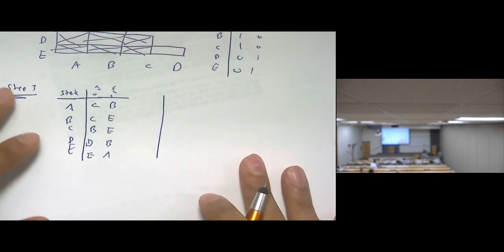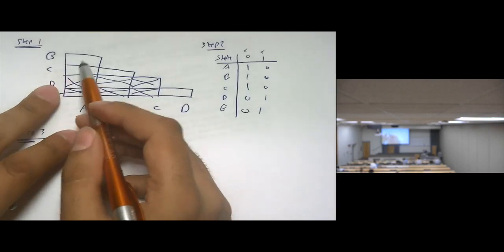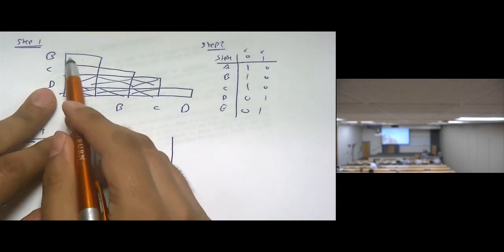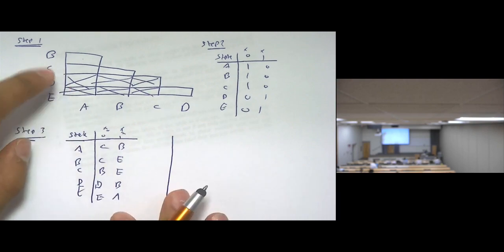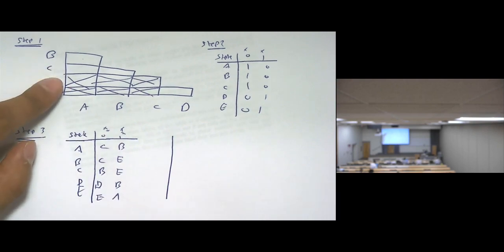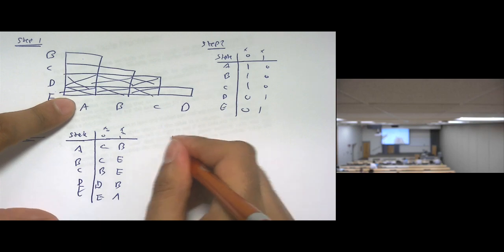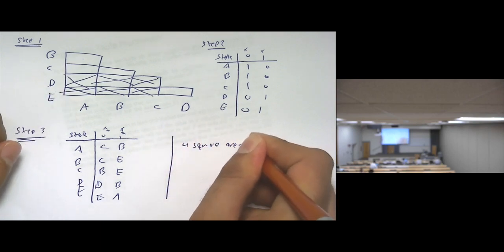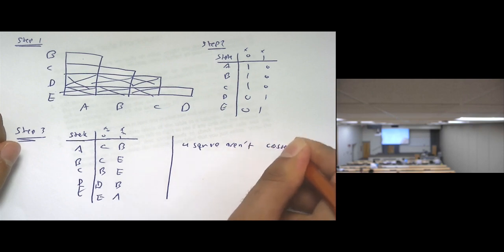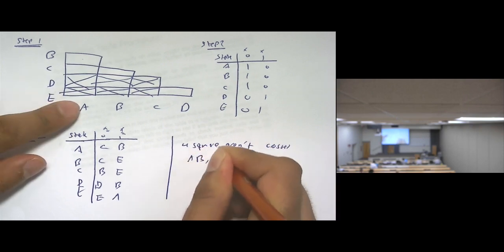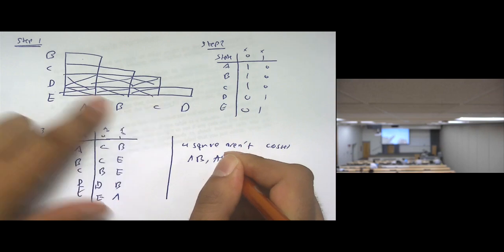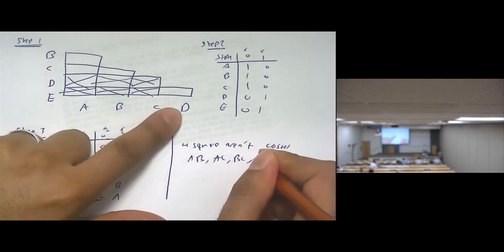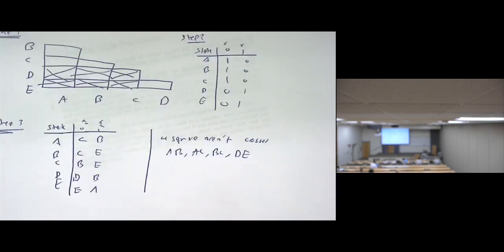Okay, so by looking at these elements, we have these 4 squares that are not crossed, right? We have the AB square, AC, BC, and the last one, which is DE, right?